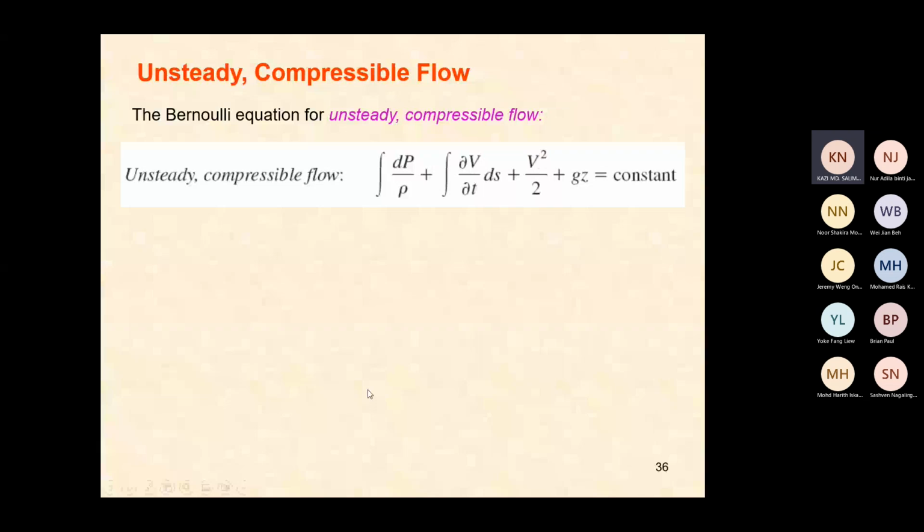So with it, we move on further to static, dynamic, and stagnation pressures. What are the definitions of static pressure, dynamic pressure, and stagnation pressure? Static pressure is the pressure when no flow is being considered.